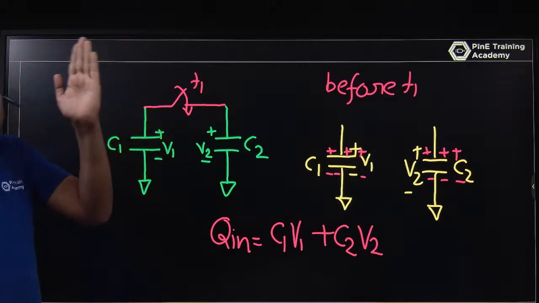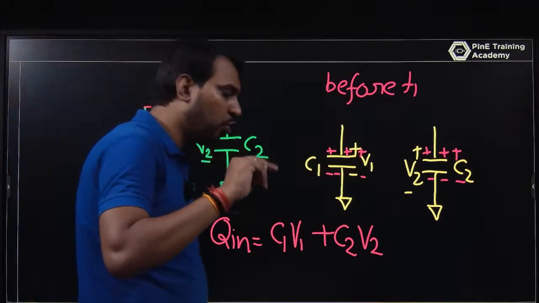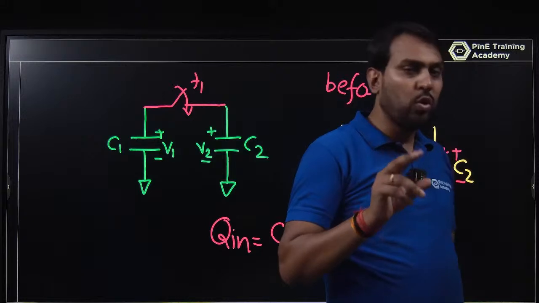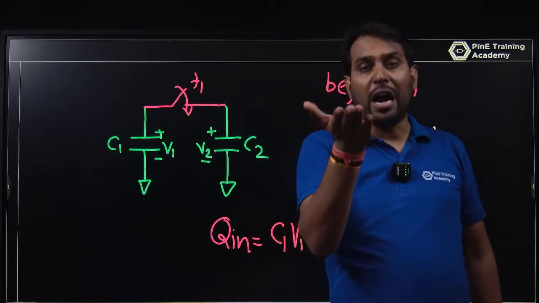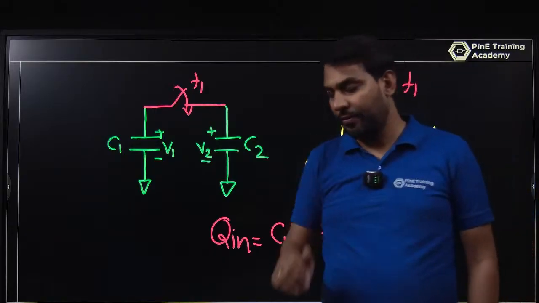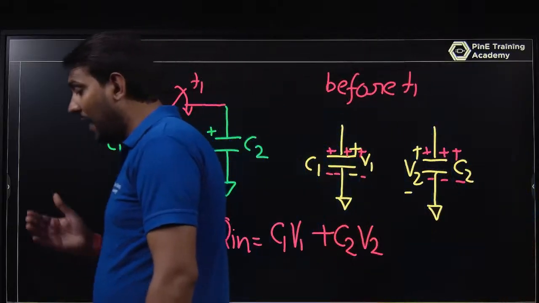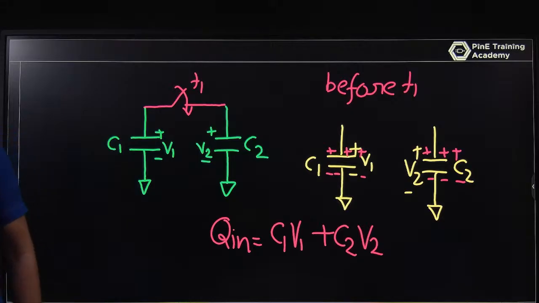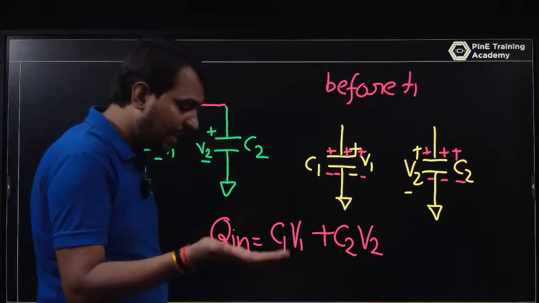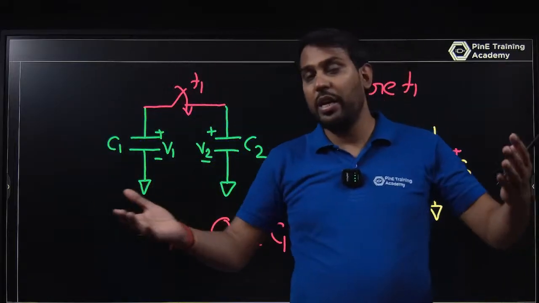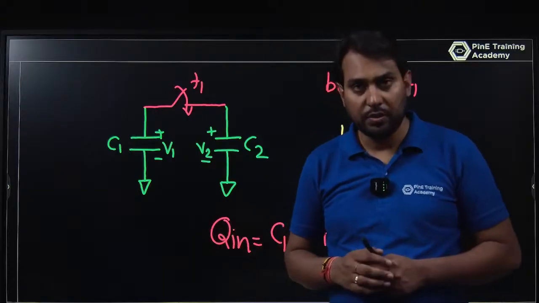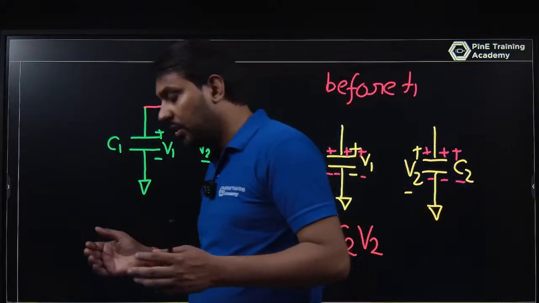Once they are connected, it is just like you have two buckets. One bucket has a higher charge, meaning the water level is higher, and the second bucket has a lower water level, and they are individually put on the ground.